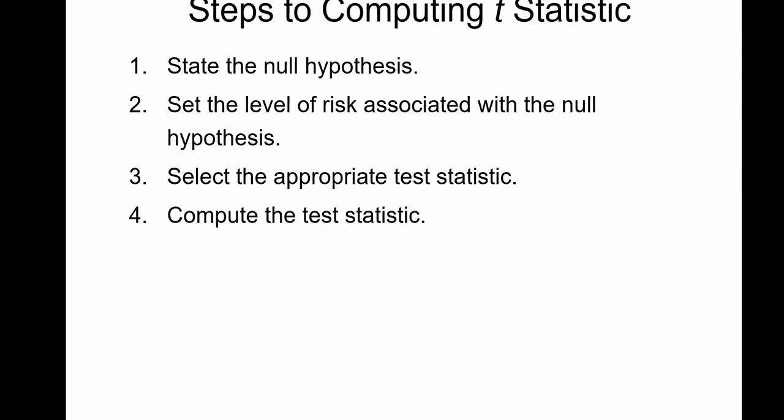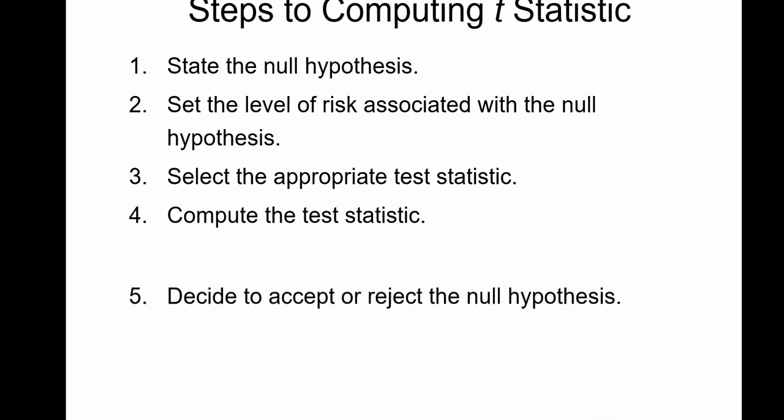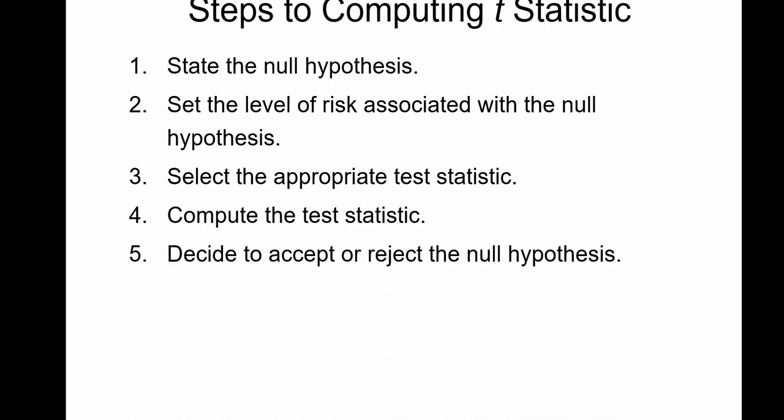Step 4, compute the test statistic. This is where Excel comes in handy. Since we have 2 different t-tests, there will be 2 different ways to compute in Excel. We will talk about those as well later. Step 5 is to decide to accept or reject your null. As I mentioned before in my inferential statistics lecture, if P is less than 0.05, you reject the null. If P is greater than 0.05, you accept the null.